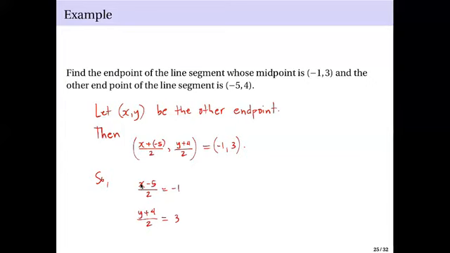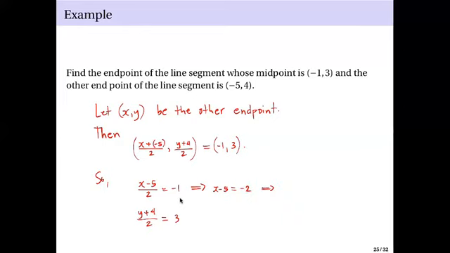So if we calculate this, let's compute the value of x. You have x minus 5. So you cross multiply. So you multiply 2 on both sides of the equation. That will give you x minus 5 equals negative 2.